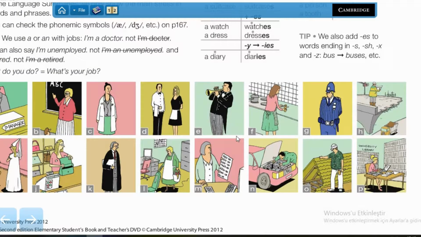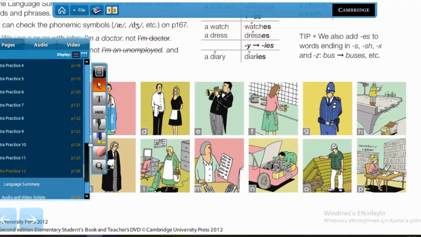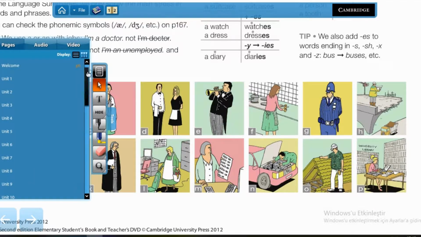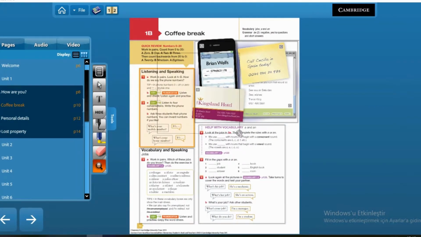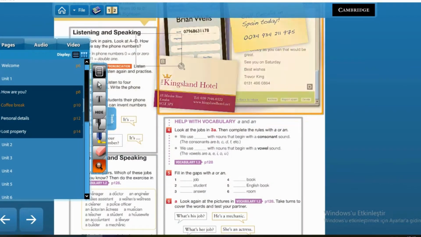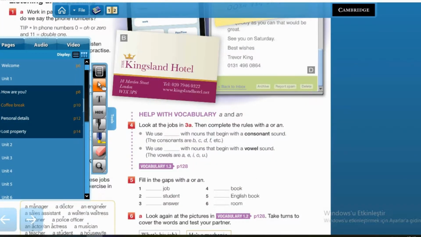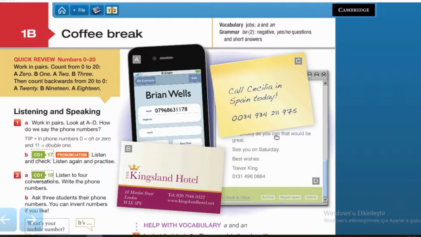Now let's get back to Unit 1B. Here we go. And let's zoom in. Here we have some mobile numbers. Brian Wells, his work number is 07968631117 and 8. And call Cecilia in Spain today.